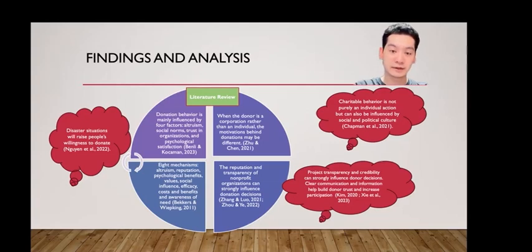And the case study on the left-hand side is about the 2019 to 2020 Australian bushfires, which shows that disaster situations can increase people's willingness to donate. This kind of situation can create strong feelings of empathy, and people are willing to help others. Also, social media coverage and public attention will further raise this effect and attract more donations.